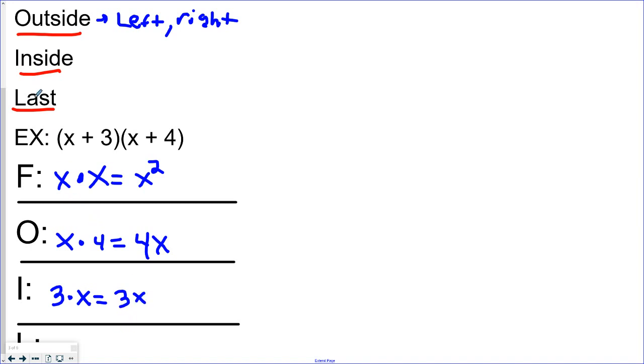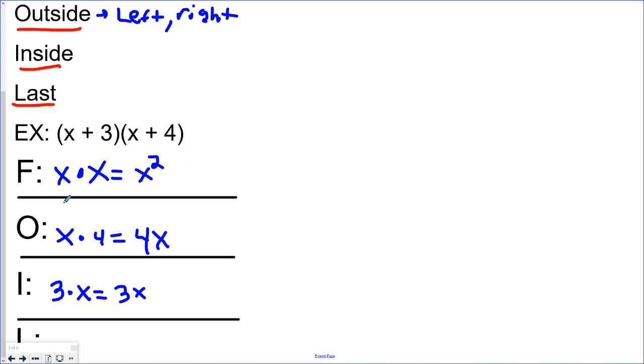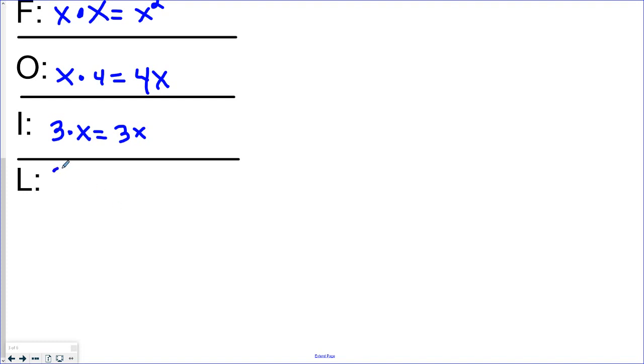And the last is going back to the individual ones. The last is the last term in each binomial. So 3 is the last term in the first binomial, 4 is the last term in the second binomial. So I would have 3 times 4, which would give me 12.